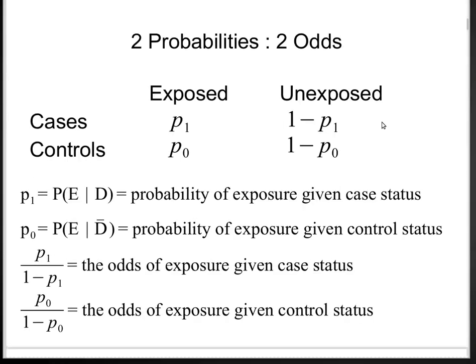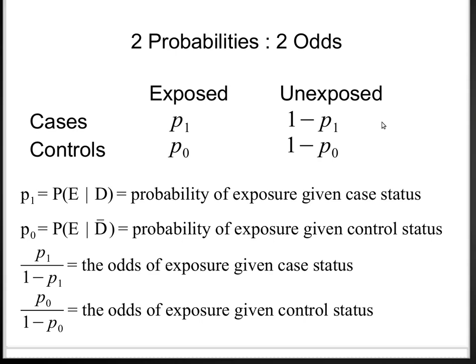Only now, in the case of a case control study, we're going to be dealing with probabilities and odds that are in terms of exposure. In other words, we're going to be reversing things. We're going to be discussing the probability of exposure given disease and the probability of exposure given the absence of disease.